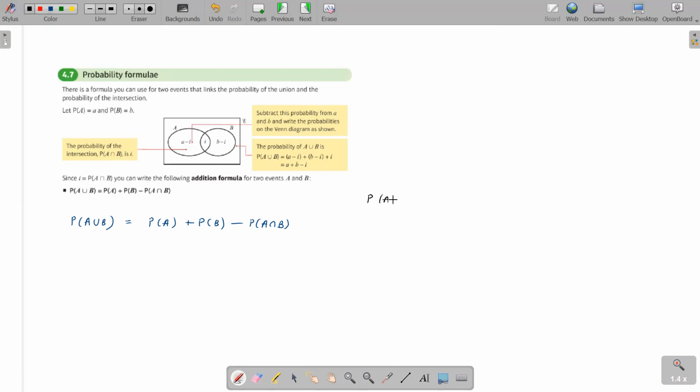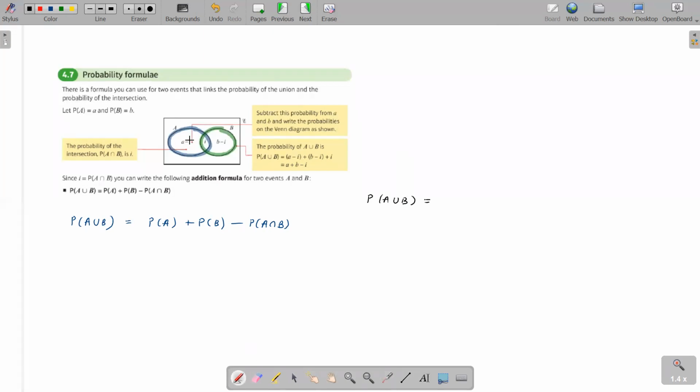But let's write it separately. So A union B. What are the regions coming for A union B? A union B means you take all the regions that belong to circle A, and also all the regions that belong to circle B. Union means an "or": you take everyone.